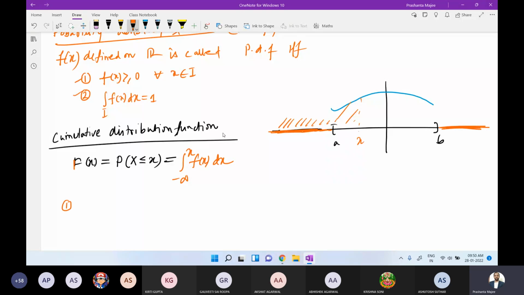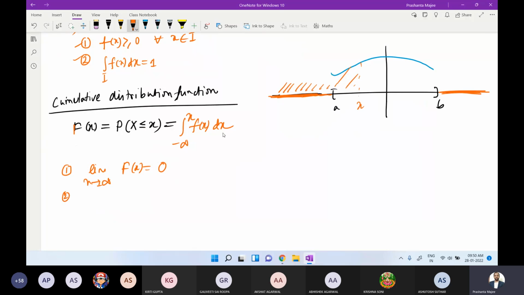Can you tell me the properties of the distribution function? What is F of minus infinity? The same kind of result you will see: the limit as x tends to minus infinity of F of x is 0. Second, what is the limit as x tends to plus infinity of F of x? This is the integral from minus infinity to plus infinity of f of x dx.